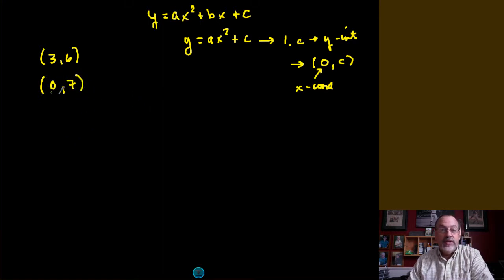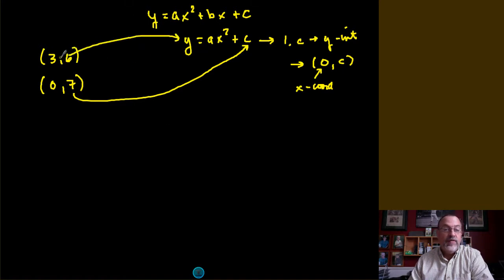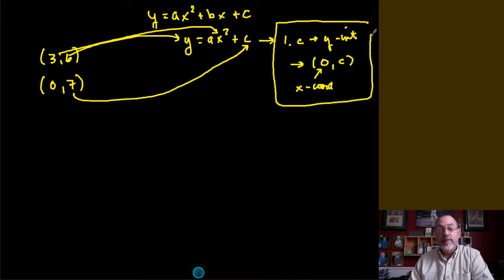Well, again, I need to recognize this has an x-coordinate of 0, therefore that's the y-intercept, so that goes in for c. And again, I need to determine a. I have a y value and an x value, so I substitute those in, I solve for a, and I have my equation. So remember, it's very important to recognize what the y-intercept is.